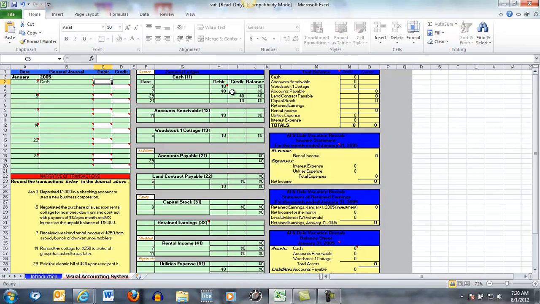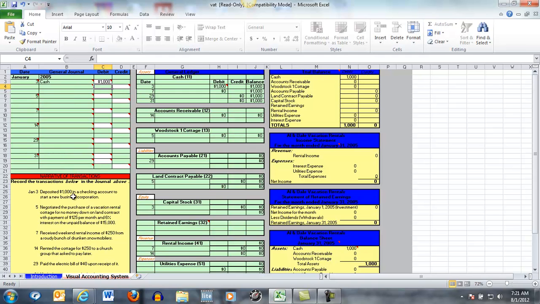So we'll key that in, but watch what happens over here. Watch what's going to happen throughout the statement. When you put in the $1,000, bam, look at that. The debit was made automatically to the cash account, and then it was automatically put in to its place in the trial balance, and in turn it was put into its place in the balance sheet.